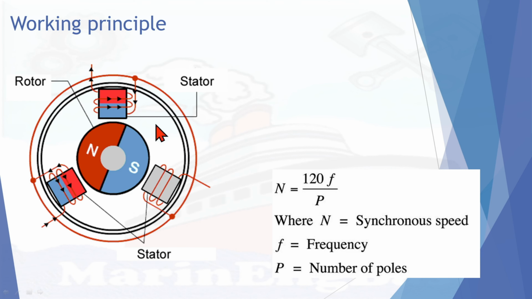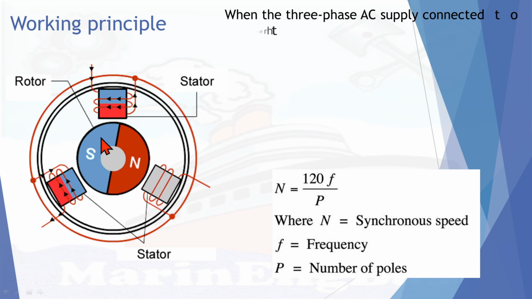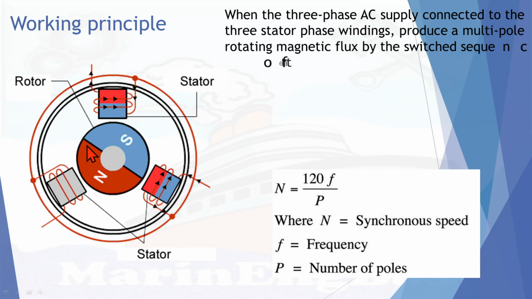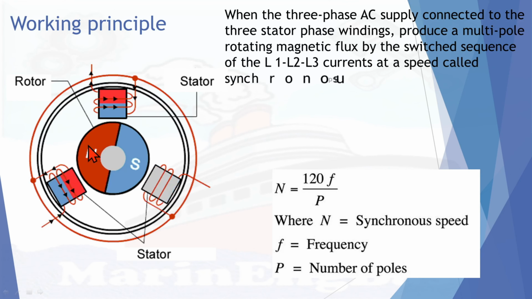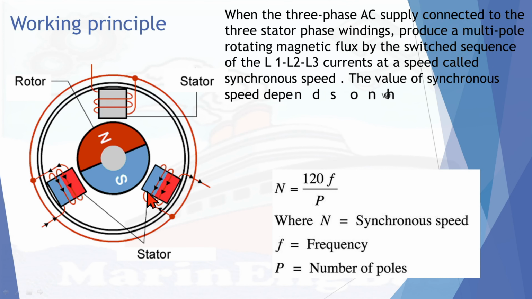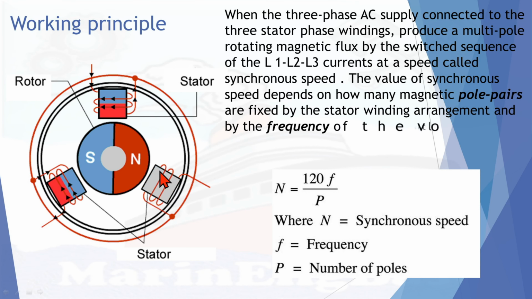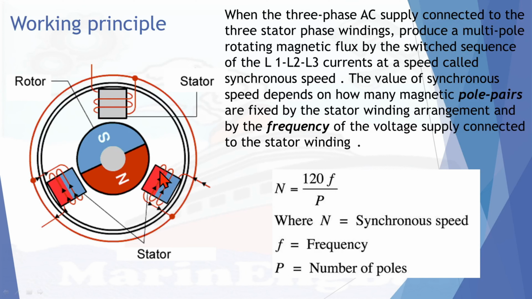So the conductors held in this rotor are subjected to the influence of a rotating, varying magnetic field. This varying magnetic field will induce some EMF in the rotor, and then some current will flow inside the rotor.